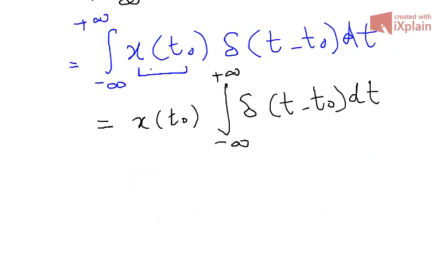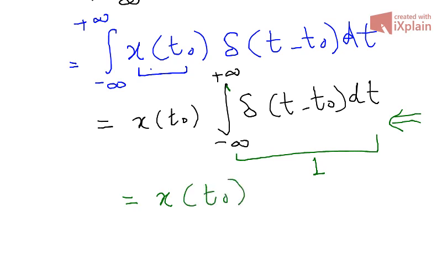But we know that this integral is equal to unity, because you are integrating an impulse which occurs at t naught, and the integral which gives you the area of the impulse is unity. So basically you are left with x of t naught.